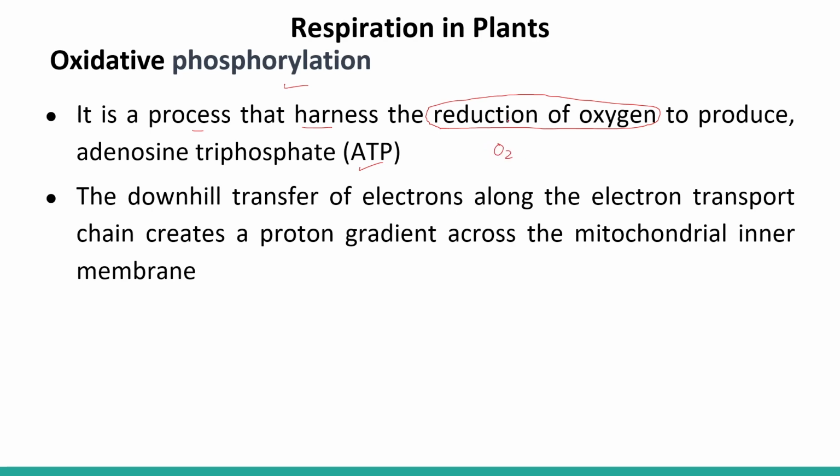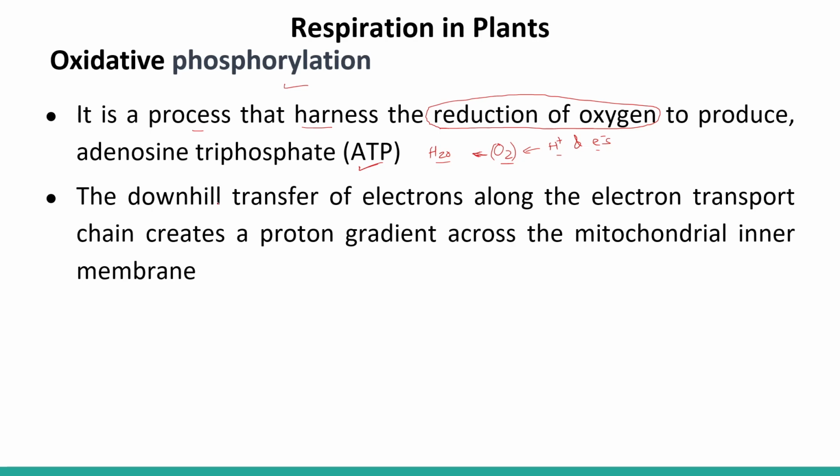We will see in the lecture ahead that oxygen acts as the acceptor of protons and electrons. Molecular oxygen accepts protons and electrons, and it is converted into water. And during this process ATP is also generated.